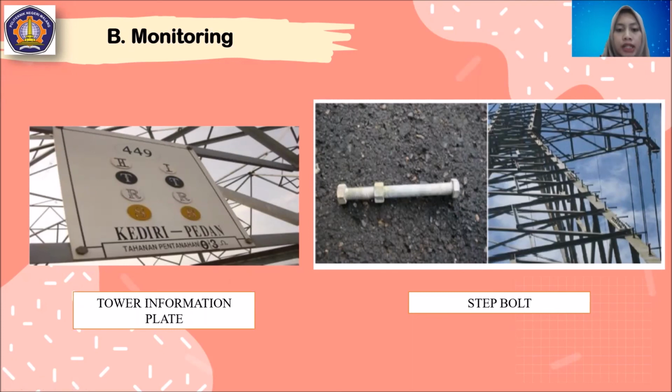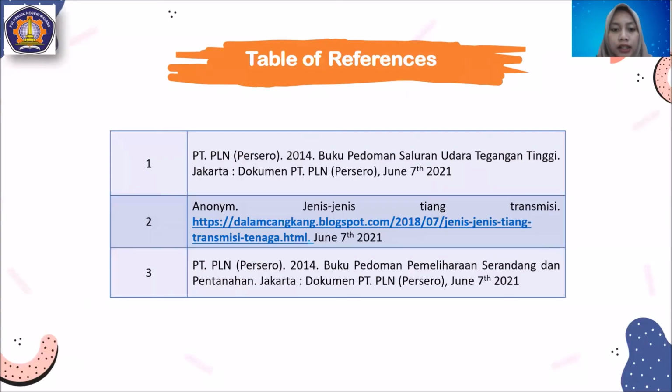The stairs are installed from the top of the ACD along the body of the tower to the GSW or OPGW by traverse. And then this is a table of references for the source of sentences, pictures, figures, etc. in this my presentation.